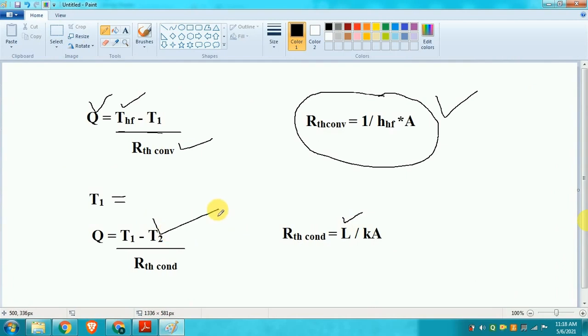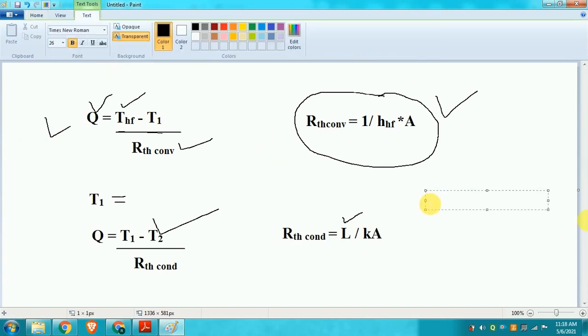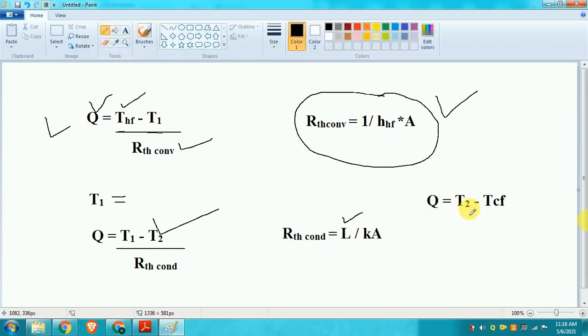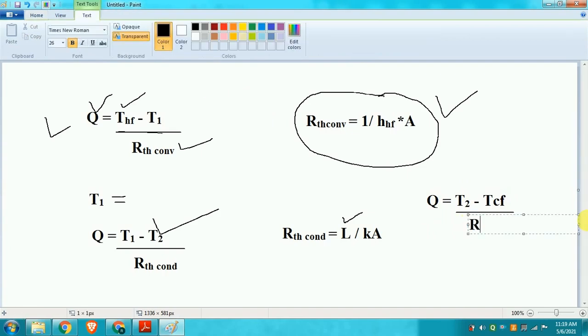This is one way. The other way is directly start from the outside fluid. Use this equation. If you start from outside fluid, I can write down Q is equals to T2 minus TCF, divided by the thermal resistance due to outside layer, that is due to convection.